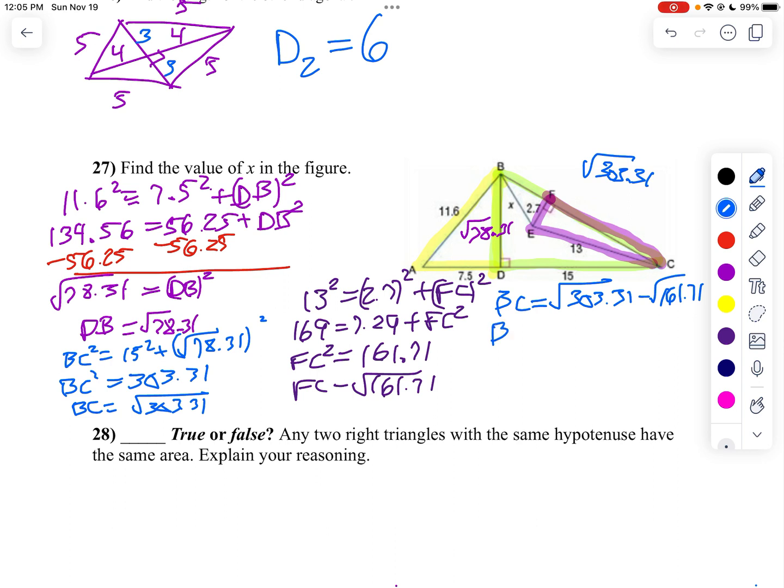And I think I'll round to the nearest hundredth because it won't be my final answer. So we take the square root of 303.31 minus the square root of 161.71, and we get about 4.69 for B to C.